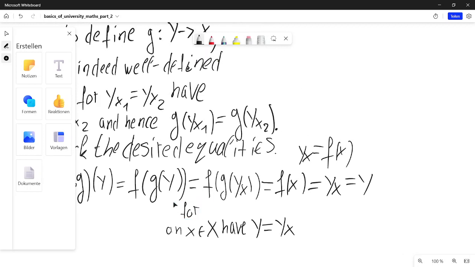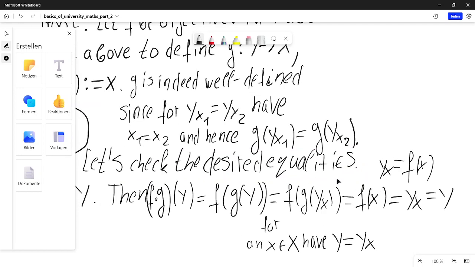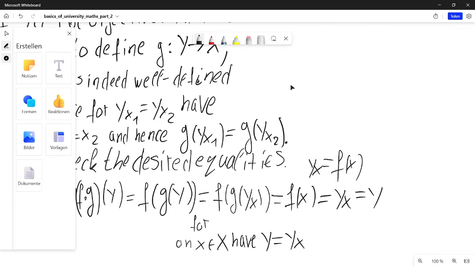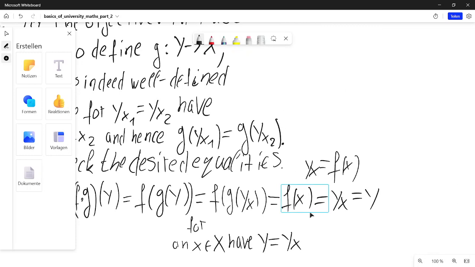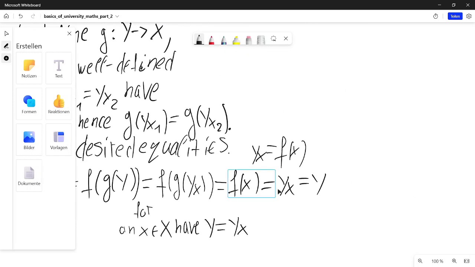And here we now have, for an x in X, y equal to y_x, hence we have that equality. But now g of y_x was just equal to x, just by definition of g, right? And now we had here f of x, that was now y_x. Recall that above with equality of pairs, right? We could also look that up in the theorem again.